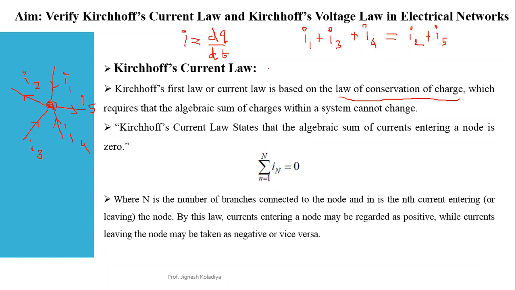That means I can write for I1 as dq1 upon dt, plus I3 is dq3 upon dt, plus dq4 upon dt.